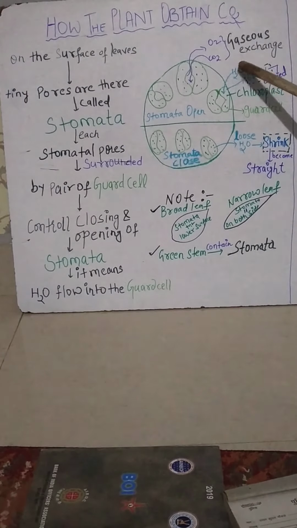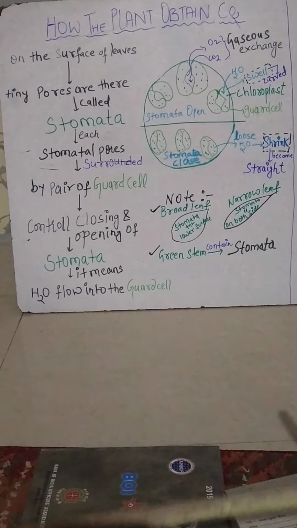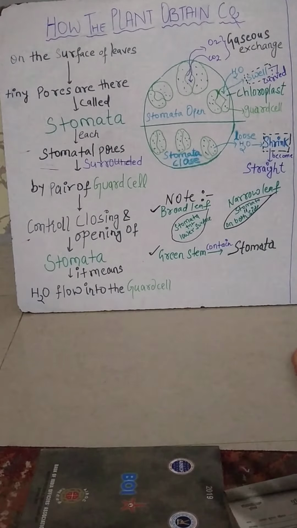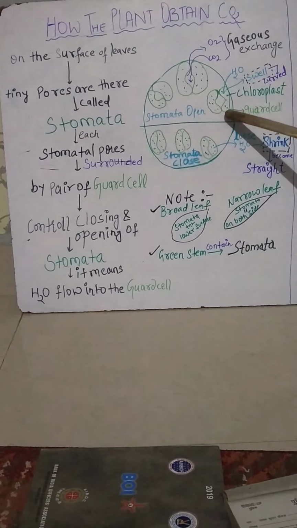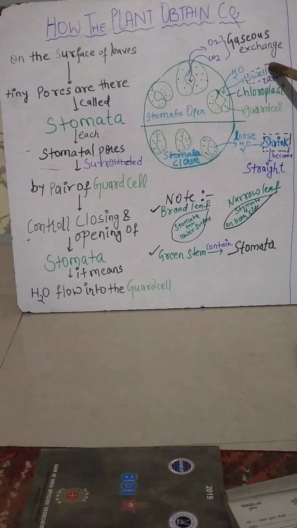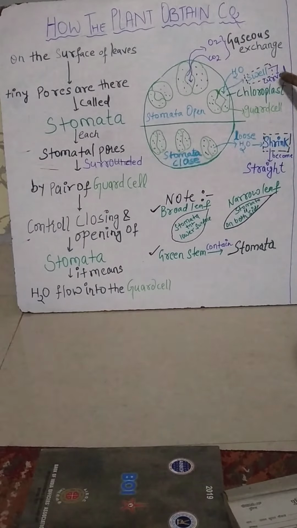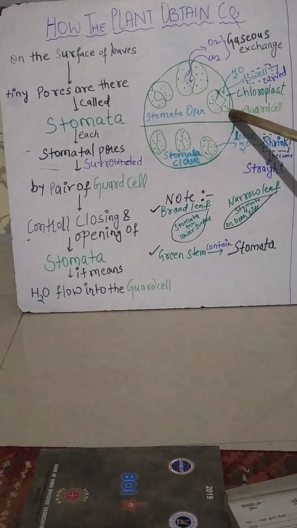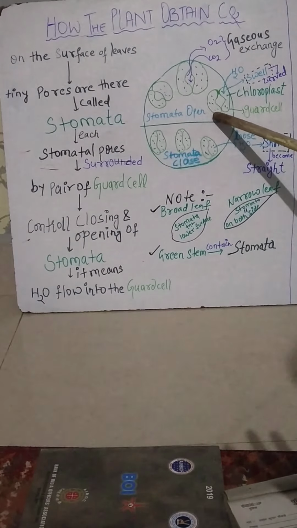See, as the water fills into the guard cells, they swell up. So as the water fills in the guard cell, the guard cell swells and becomes curved. This indicates that the stomata are open.